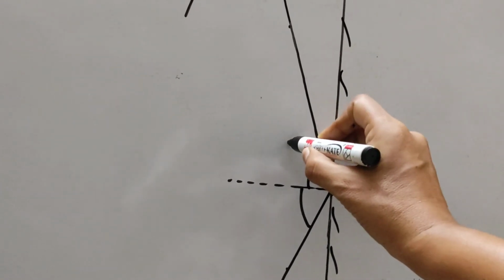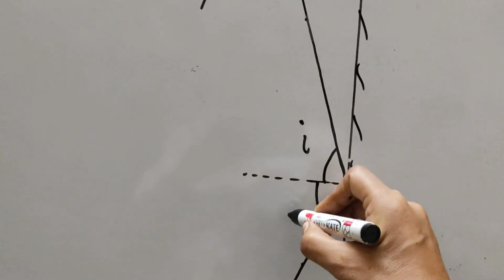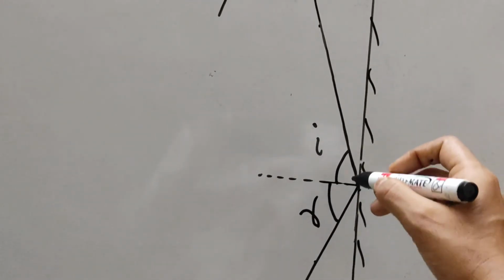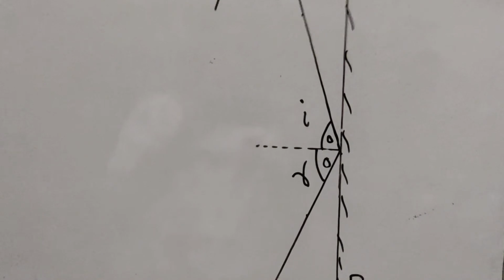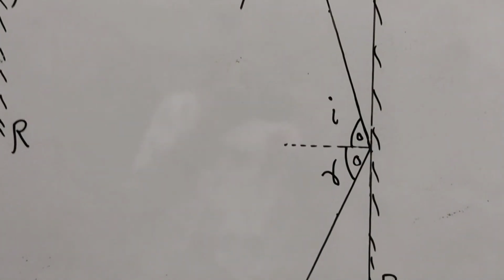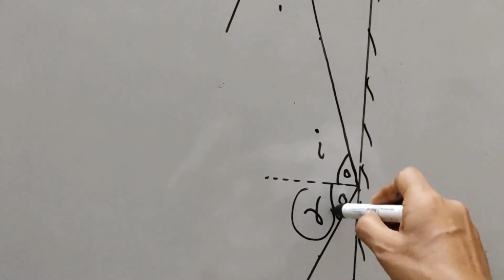This will be the angle of incidence for the second mirror, and this will be the angle of reflection. Again we know both these angles are equal as per the law of reflection. I is always equal to R. Now in the question we are supposed to find this angle of reflection at the second mirror.